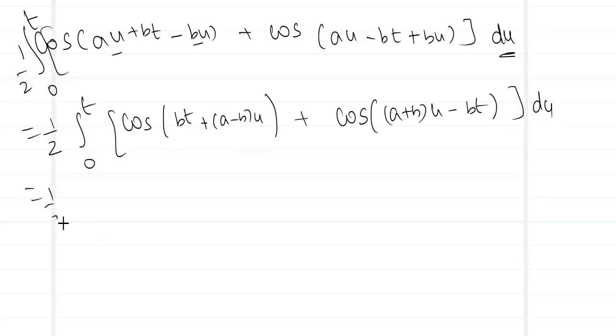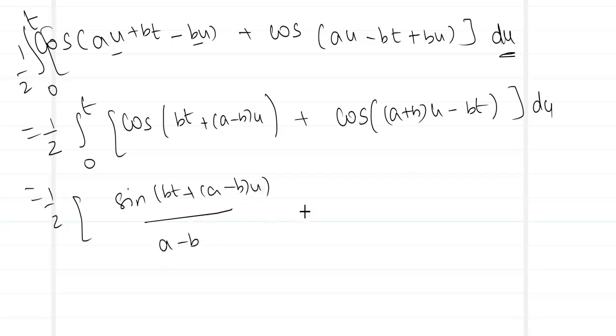On integration, cos theta gives me sin of bt plus a minus b times u. With respect to integration, the coefficient of u is a minus b, so it becomes a minus b in the denominator. Second term, cos on integration gives you sin of a plus b times u minus bt, and then divided by the coefficient of u, a plus b.